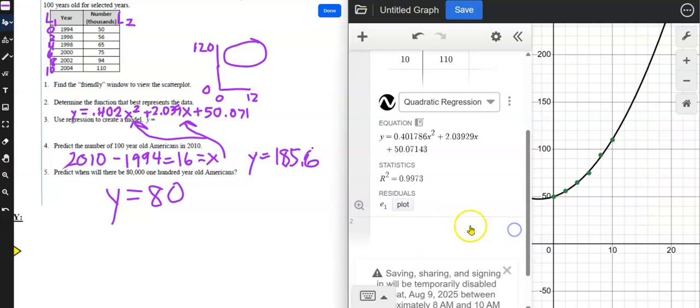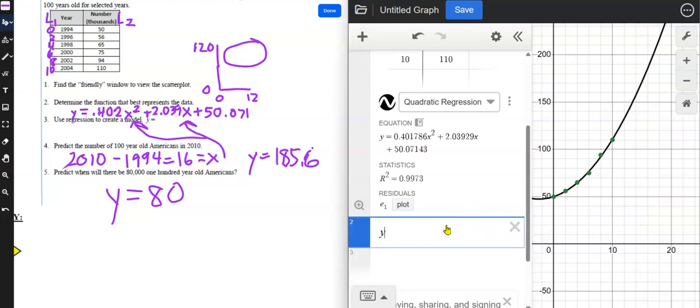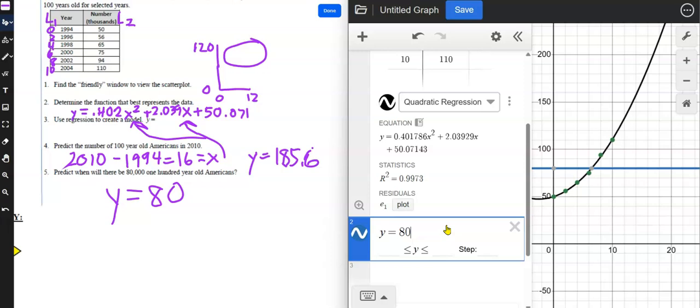So I'm coming back over here, and I'm typing in y equals 80. Now, we're doing this the fast way. We're letting the calculator do the work. We didn't do any solving like we would have done in Algebra 2, and had to probably throw out the quadratic formula on that one. But the graphing method with Desmos is much faster.